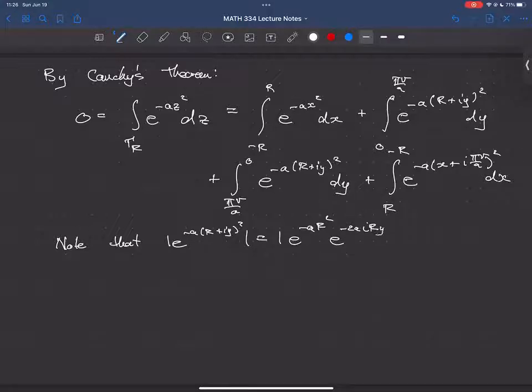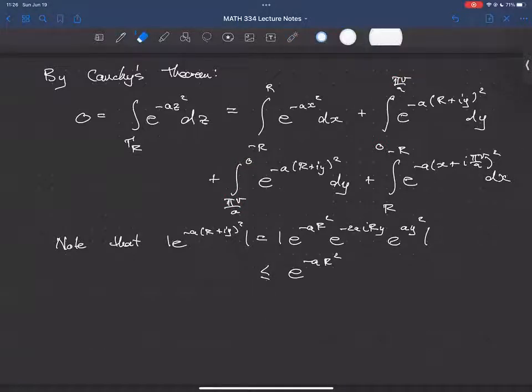That's the cross term in the product, and then I have e to the a y squared. This is less than or equal to e to the minus a R squared times the modulus of the cross term, which is purely imaginary in the exponent, so the modulus is 1, and then here y lies between 0 and pi nu over a, or pi nu over a and 0.